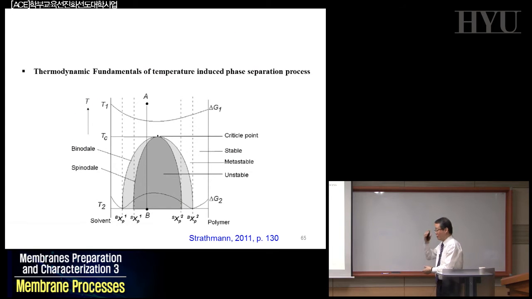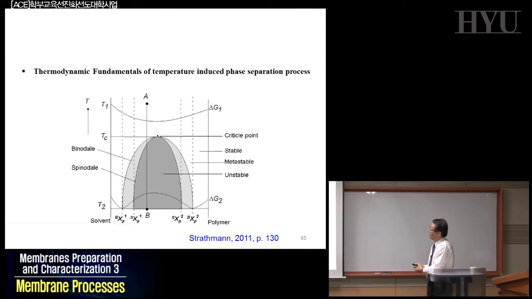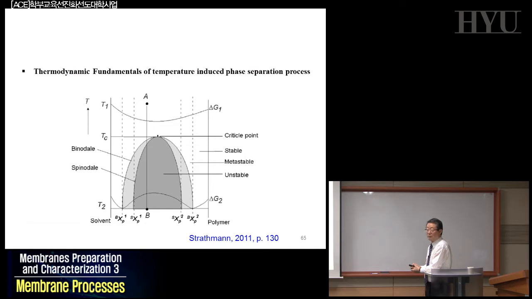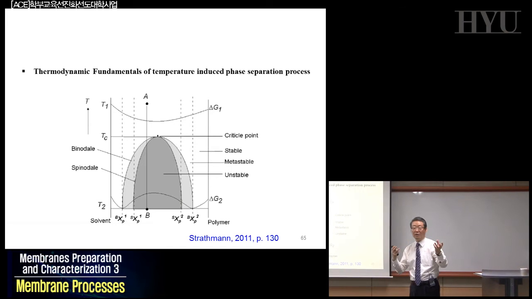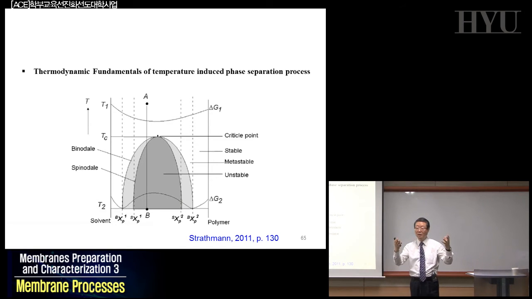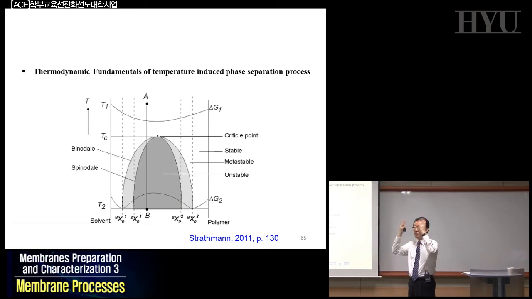So if you describe the thermodynamic aspect of the TIPS, we can start from a point where your mixture, polymer, for example PVDF, and the diluent or the solvent is mixed together, and if you increase the temperature, it becomes a liquid phase.